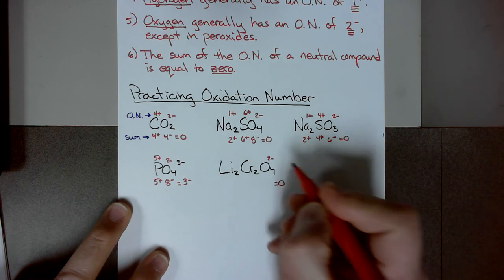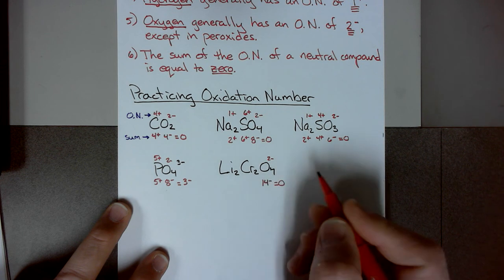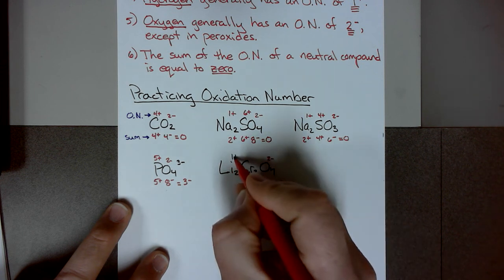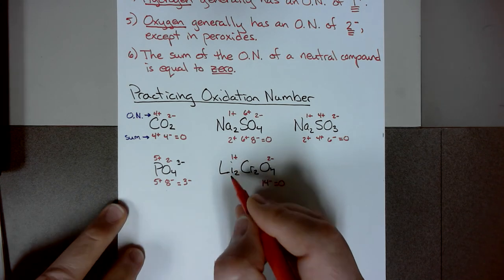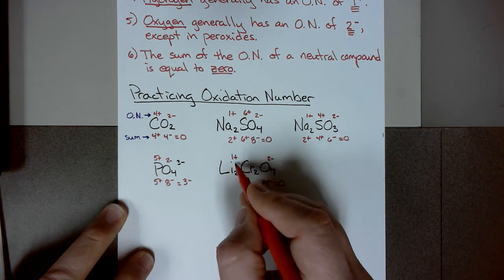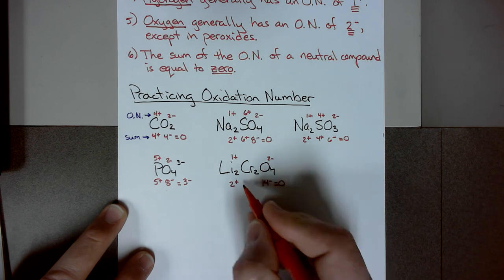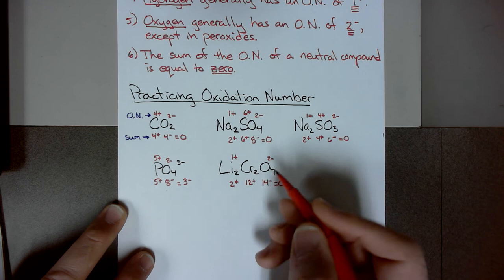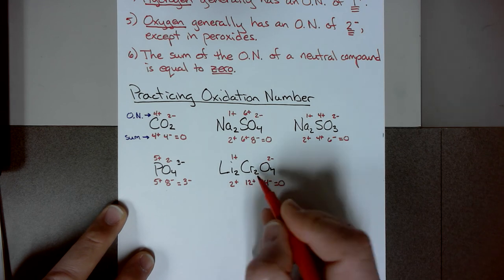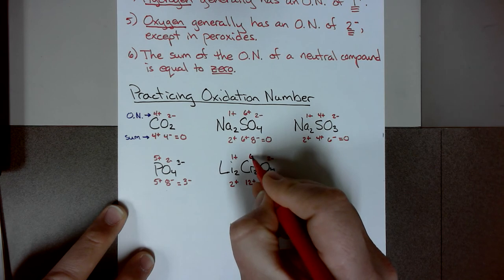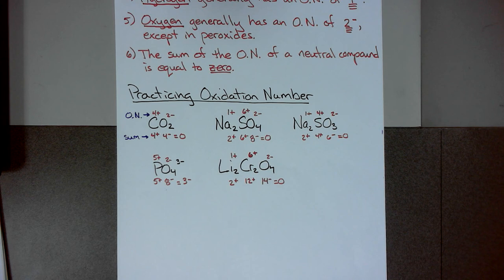So this is a 2-. 2- times 7 is a 14-. Then over here, this is a 1+, because lithium is in group 1, and it's a monatomic ion, and so that's a 2+. So in the center, to get to 0, I need a 12+. But because there's 2 chromiums, we take 12 divided by 2. Each chromium has an oxidation number of 6+. So the chromium has an oxidation of 6+.